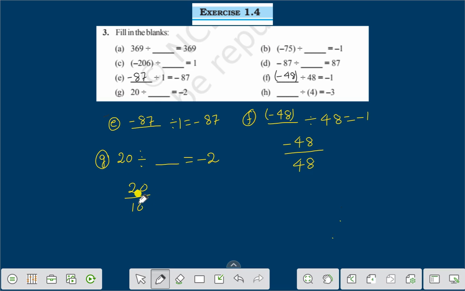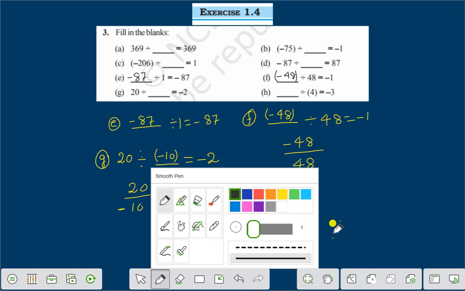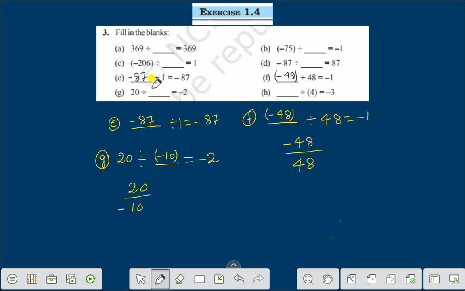And if we divide this number by minus 10, plus divided by minus is minus, and it is 2. Therefore, this is minus 10. G, the value is minus 10. 20 divided by minus 10 gives us minus 2.